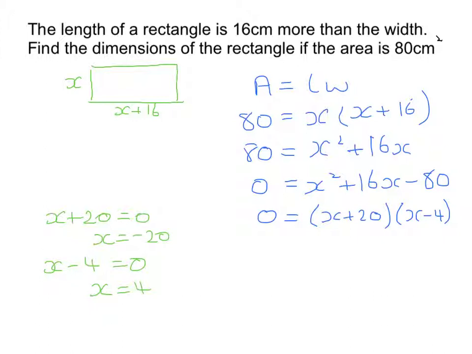Now it's a little bit hard to have a negative dimension of a rectangle, so we've only got one answer that we can have here, which is x is equal to 4. So the question says to find the dimensions of the rectangle.